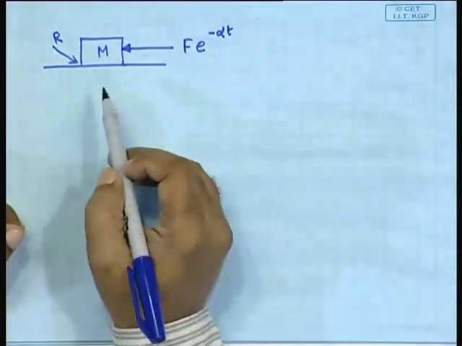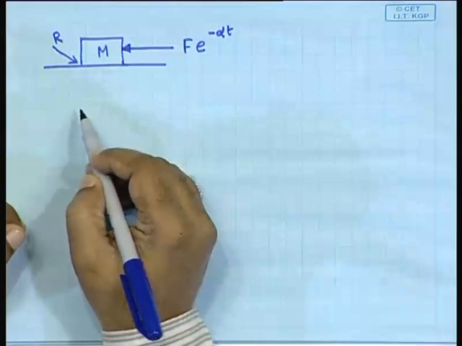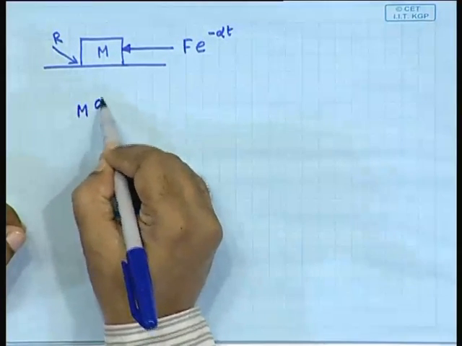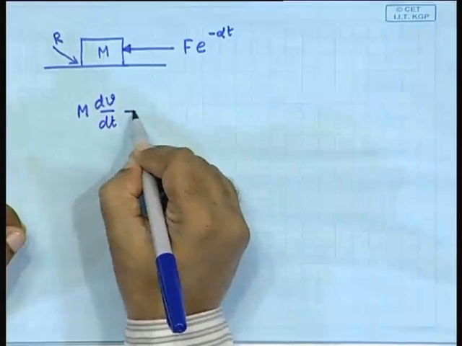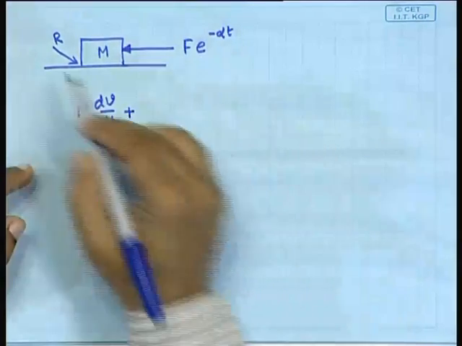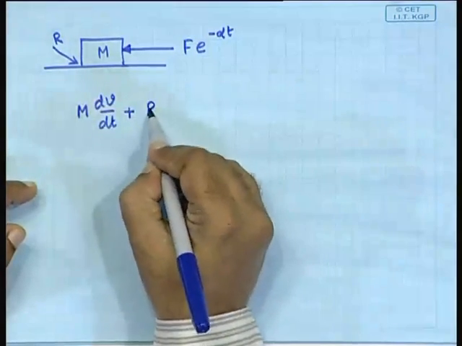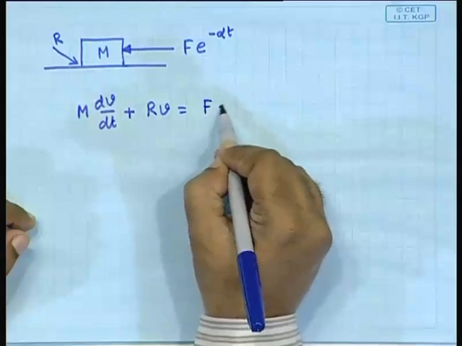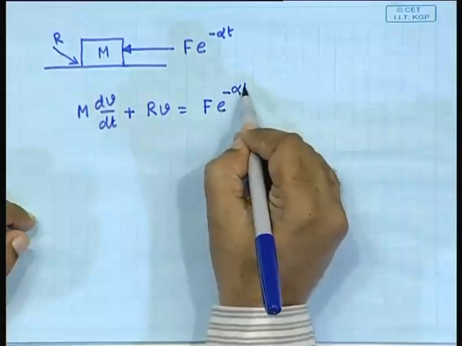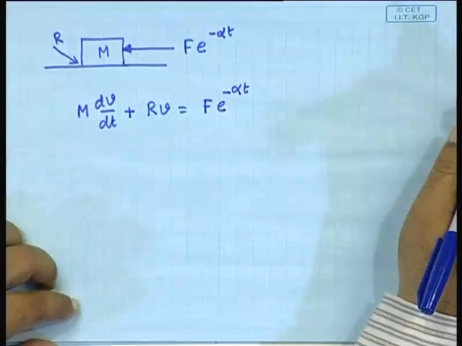D'Alembert's principle. So, it is mass into acceleration, m dv/dt, plus this force r into v, must be equal to f e to the power minus alpha t, right.